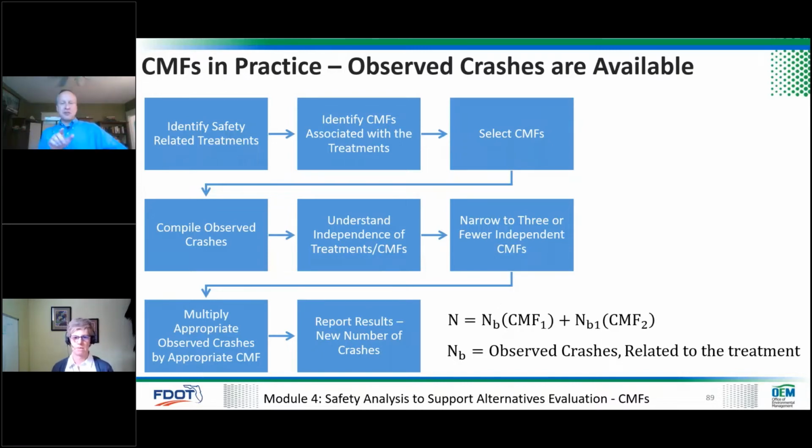I'm just going to linger there for 1 minute. You've said it several times. Yeah, I want to make sure folks understand. I have seen folks consider multiplying 3 CMFs that led to a CMF that's ultimately 0.24. It's unrealistic.